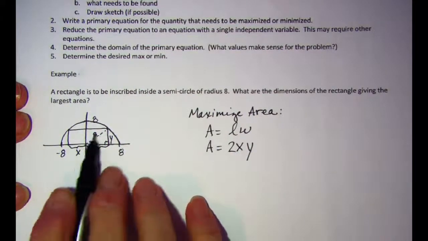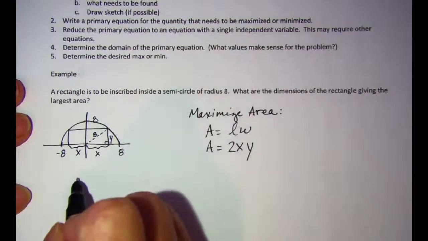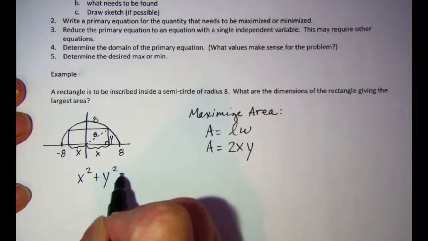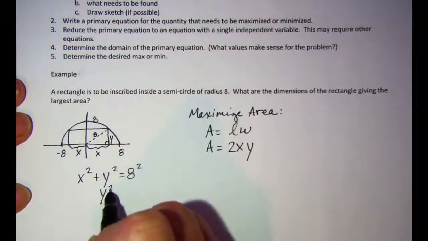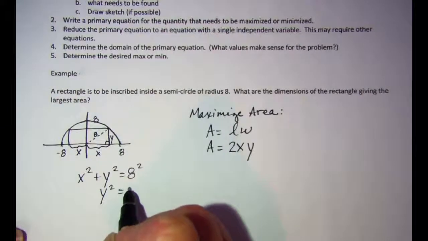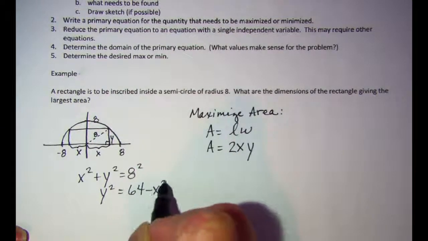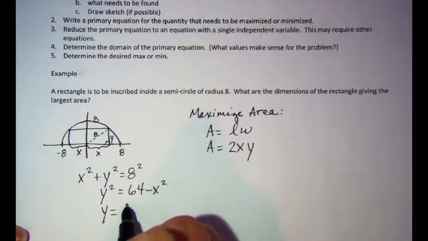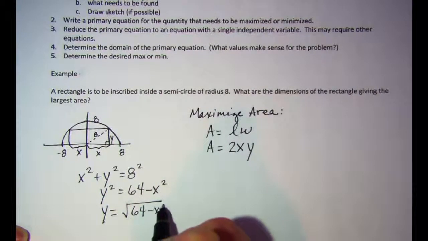So I'm going to use the Pythagorean theorem on this right triangle. We know that x squared plus y squared equals 8 squared. So y squared equals 64 minus x squared, and y is equal to the square root of 64 minus x squared.